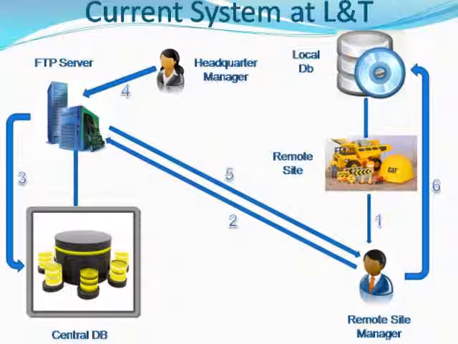The regional office manager checks for pending order requests and either approves or forwards the order to the headquarter manager for approval. A record for the order is left on the FTP server. The remote site manager is responsible for periodically checking the status of the order request sent on the FTP server and updating the local database accordingly.